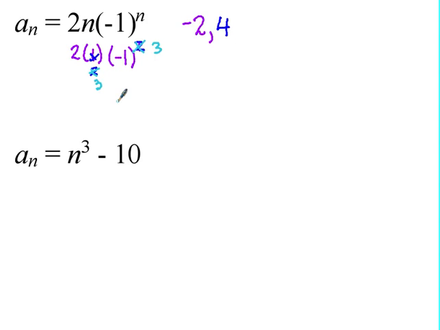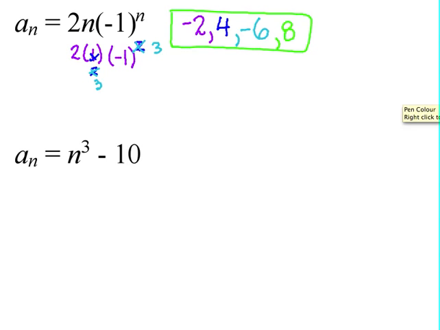So what do you get? Negative 6. Just for kicks, what do you think the next one's going to be? Don't plug in the number 4 yet. Positive 8, so the next one would be negative 10, then positive 12. So you're seeing the relationship. We only need the first 4.